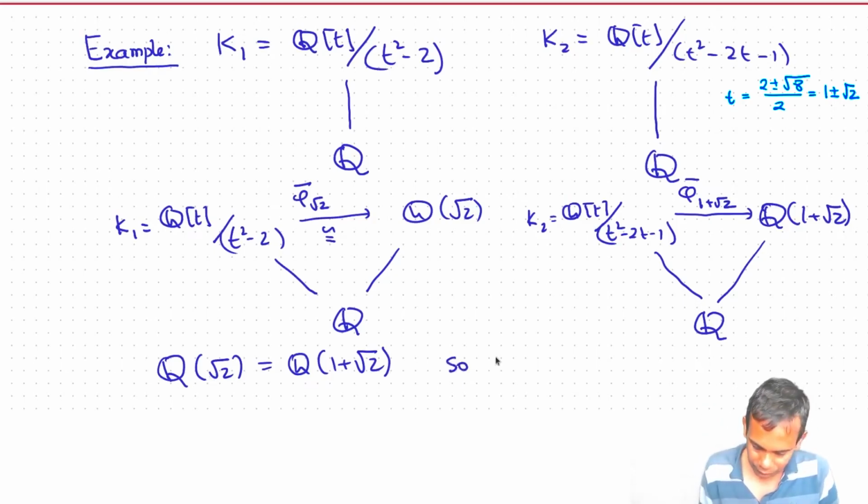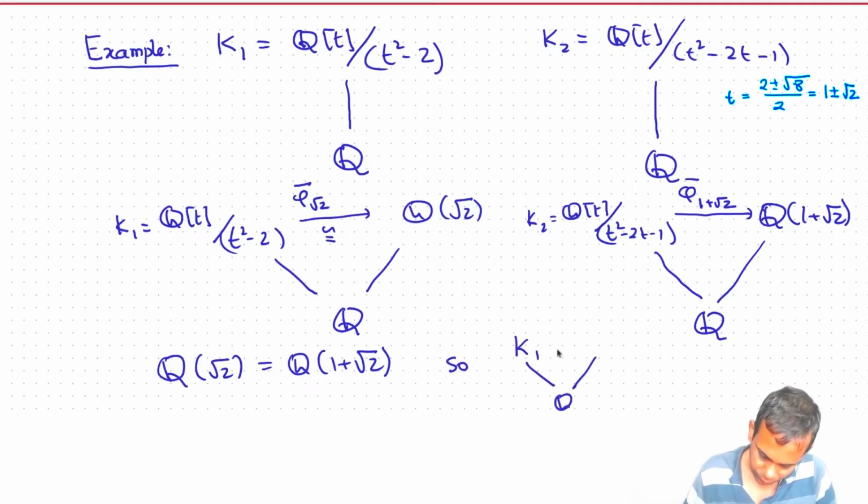And so we have that K1 and K2 are isomorphic over Q. We have this isomorphism, which we can call phi bar (1 plus root 2) composed with phi bar (root 2) inverse, an isomorphism from K1 to K2, and these are isomorphic over Q.